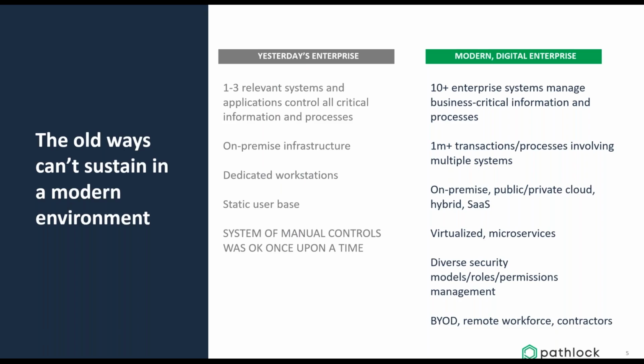So what are we really going to talk about today? It's that the old ways of access, application governance, and risk control can't sustain in a modern environment. Modern enterprises and organizations need robust user access governance, but now you're probably dealing with hybrid environments with both on-premise and cloud applications, and often those different best-of-breed business cloud applications will have, of course, completely different security models.